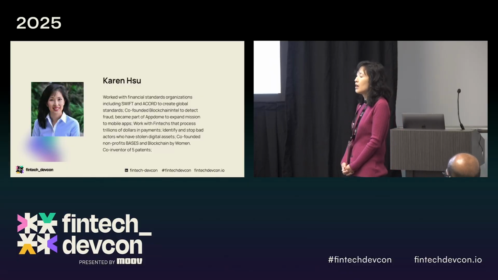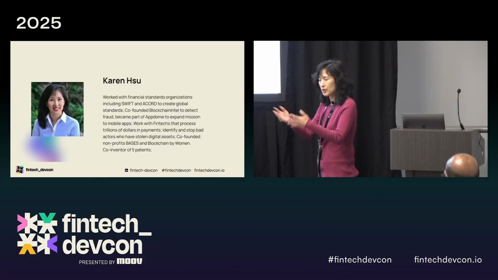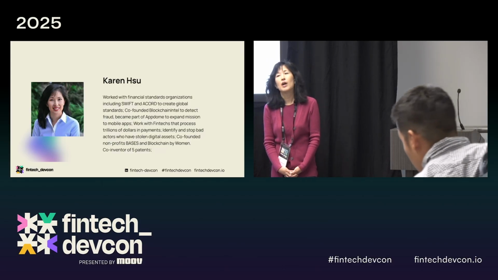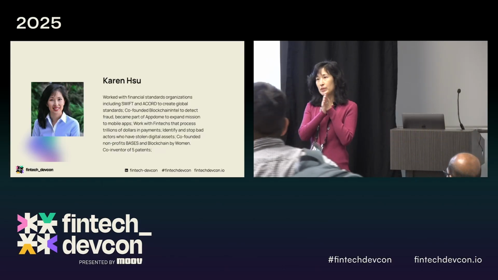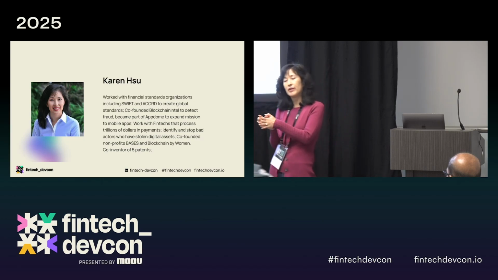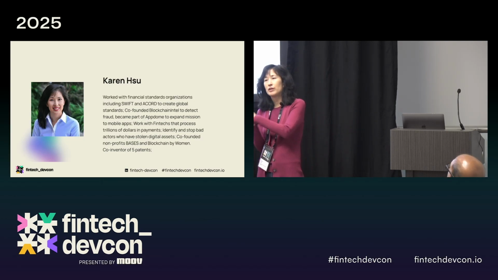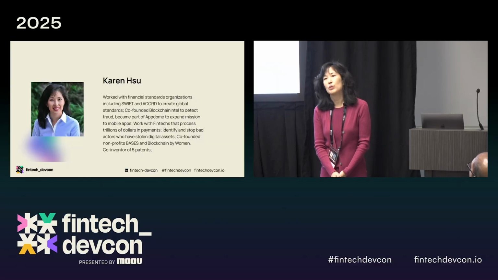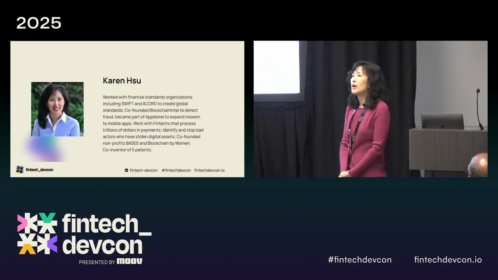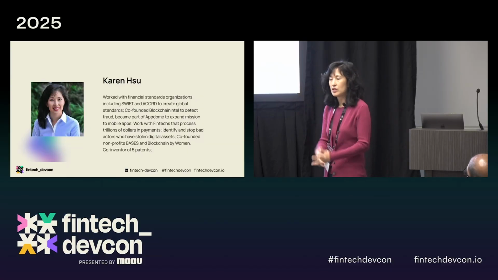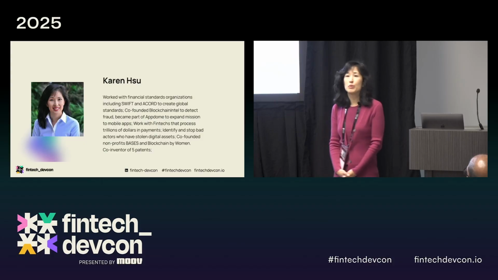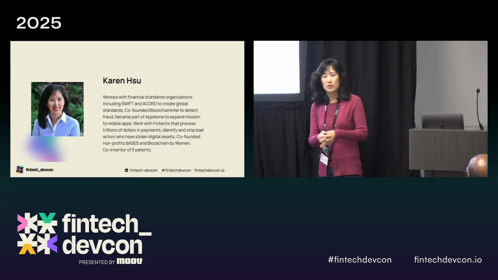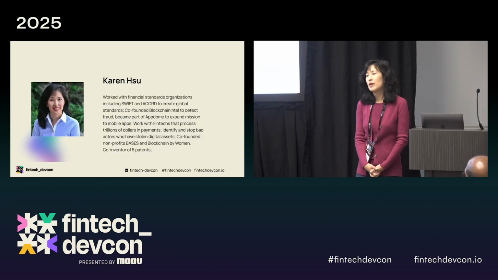Then because of, as you guys probably know, the irreversibility of crypto, I began to focus much more on fraud prevention, and that's why we became part of Appdome, where for the last 4.5 years I've been working with the largest fintechs and financial banks and organizations to prevent fraud in mobile apps, helping them safely and securely process trillions of dollars of payments.